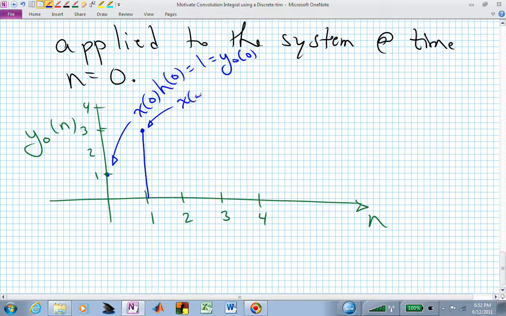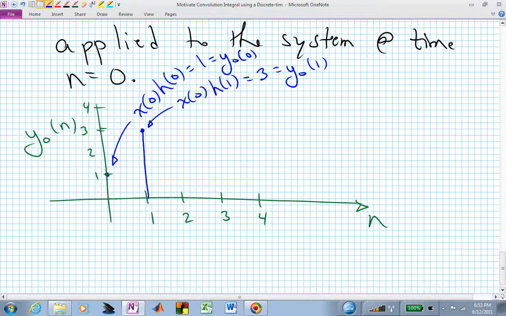That's going to be x of 0 times h of 1, which is equal to 2 times 3/2, or 3, and that's now y sub 0 of 1. Meaning if we applied an input at time n equals 0 of value 2, we are just going to double the original pulse response that we started with for this particular system.